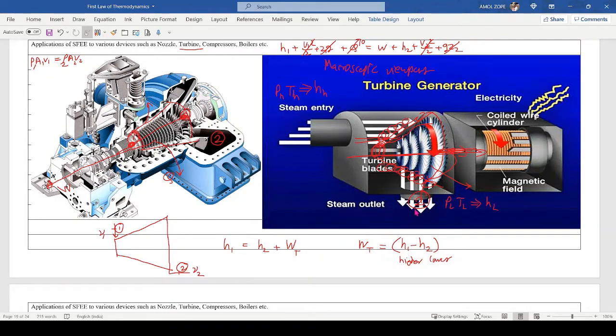So if you want to find out how much is the work of a turbine, you simply need to know the enthalpy at the inlet and the enthalpy at the outlet. Exactly the same way for the nozzle. You only need to know the enthalpy at the inlet and outlet. Whatever their difference, you can find out the velocity in the case of the nozzle. Whatever the difference of the enthalpies, we can find out the work done for the turbine.